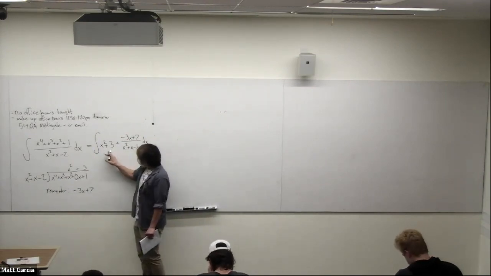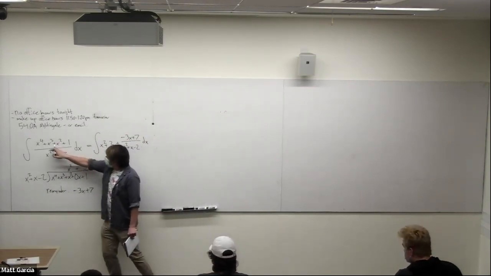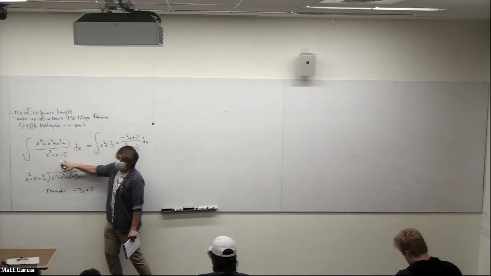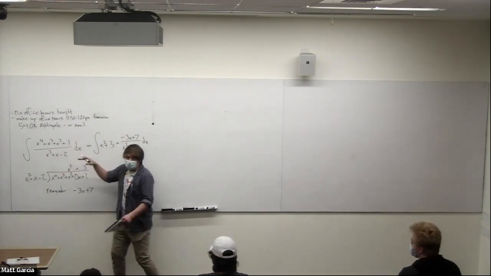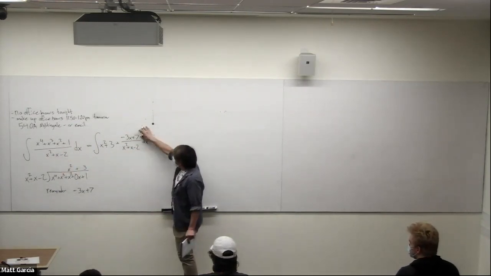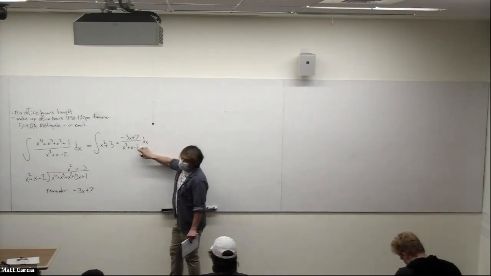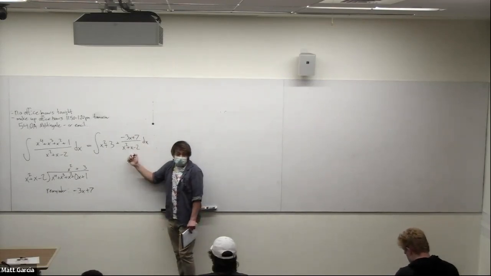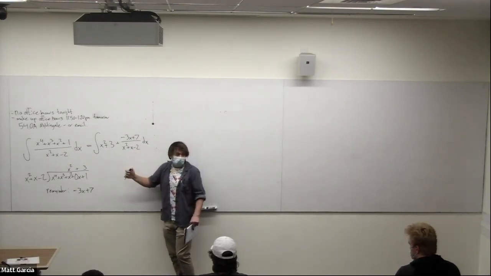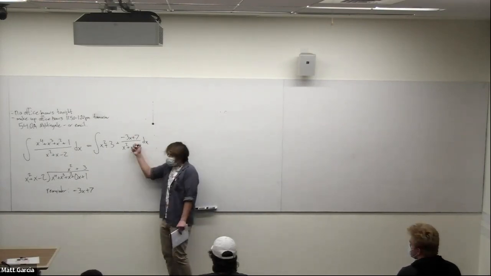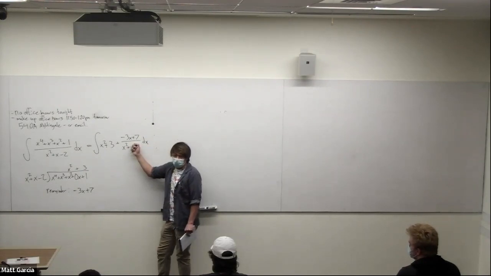This is the part of the polynomial that the divisor divides evenly. With our remainder, we can't divide because the denominator has greater degree than the numerator. But now we're in a situation where we can apply partial fractions.